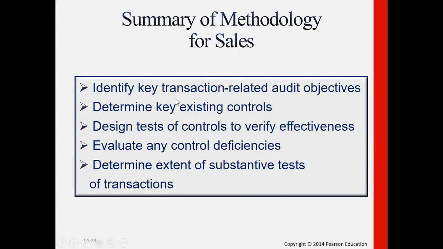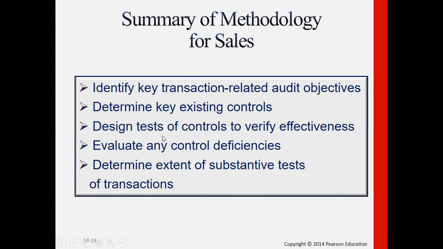Then for the methodology of sales as summarized, we have to identify the key transaction-related audit objectives. As explained, occurrence or existence. We have completeness. We have posting and summarization. We also have more such as timing, cutoff, and so on. Then determine the key existing controls.